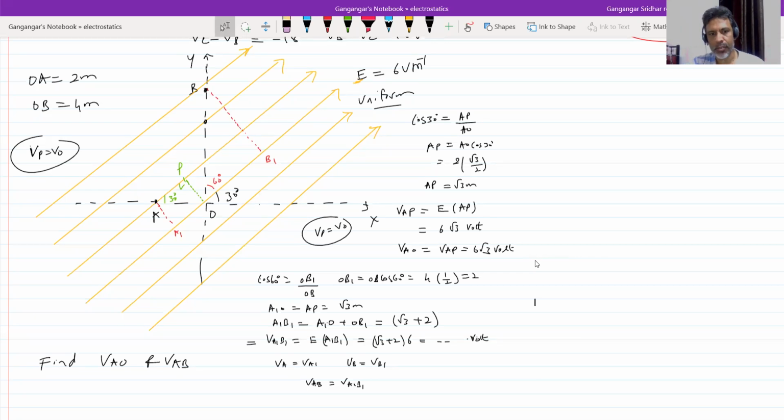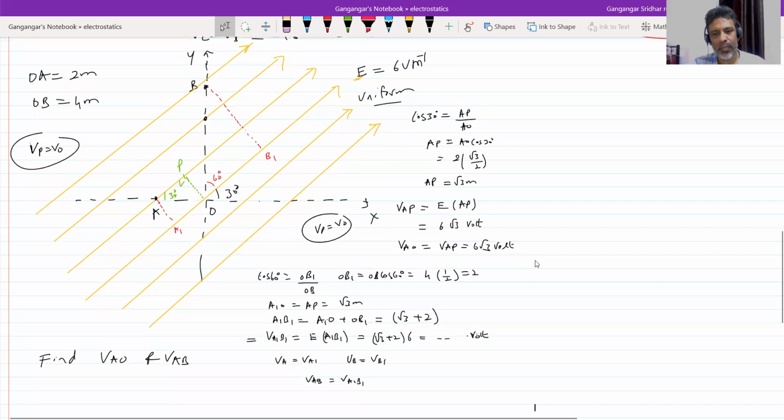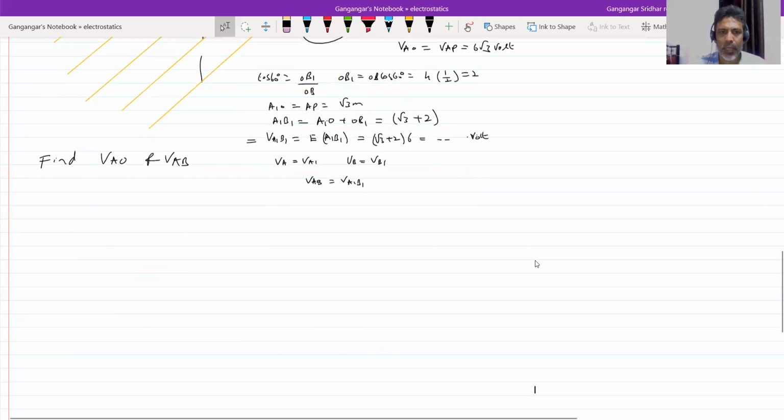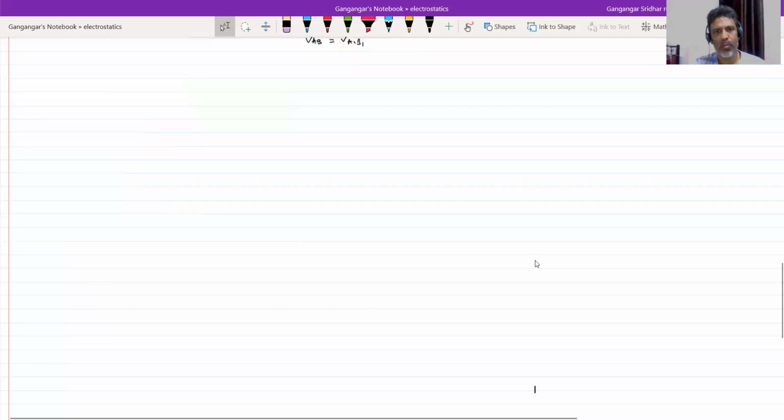Okay, I'll take the next question. Here the path we took is some arbitrary path between any arbitrary points AB. As provided, you should have some geometrical information.